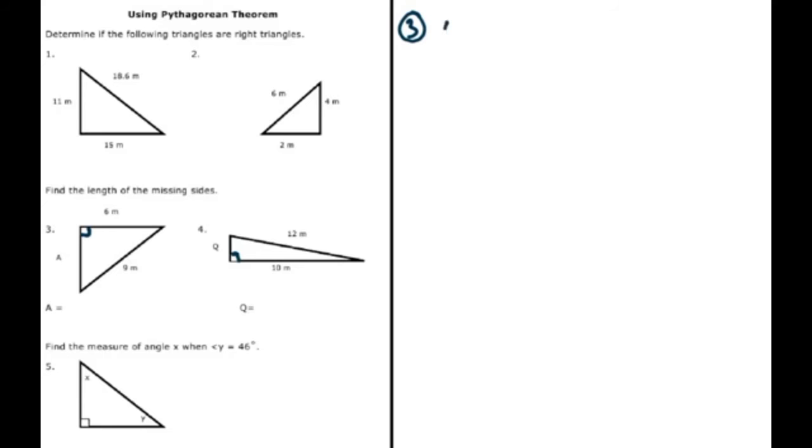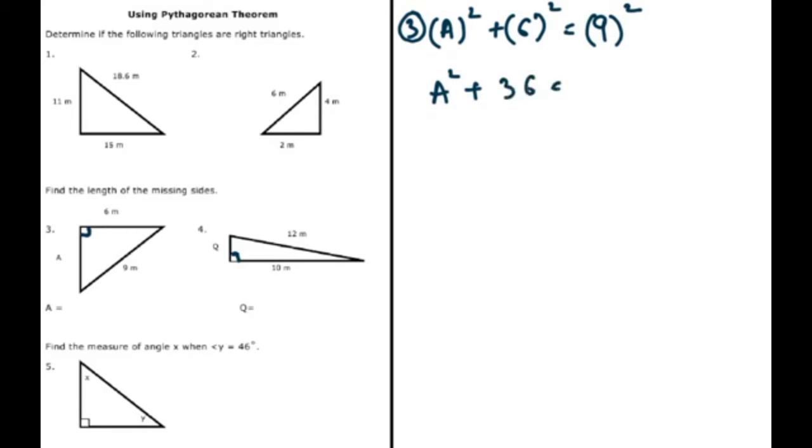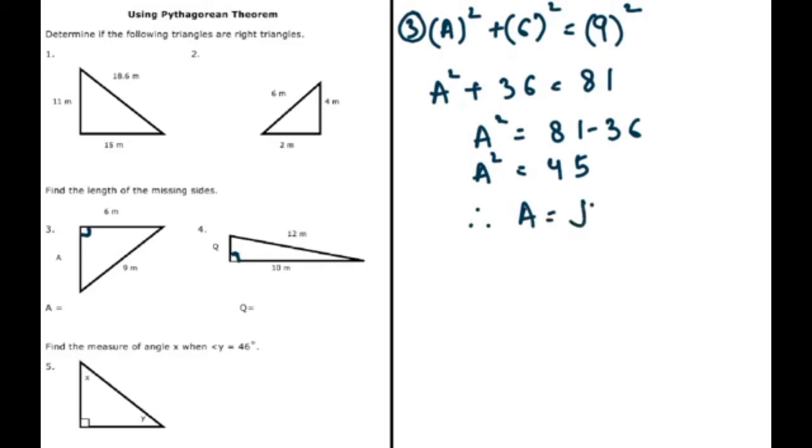So according to Pythagoras theorem, A square plus 6 square should be equal to 9 square. Let's see, 6 square is 36, 9 square is 81. So A square should be 81 minus 36, which is 45. Therefore, A is equal to under root 45, or you may say 3 root 5 meter.